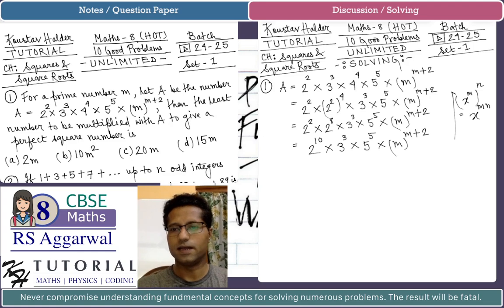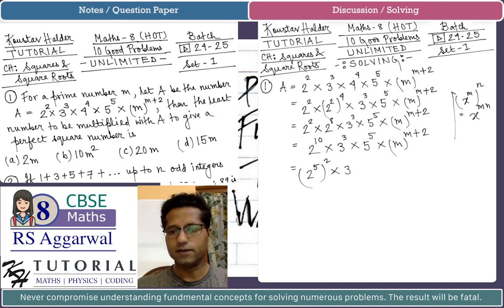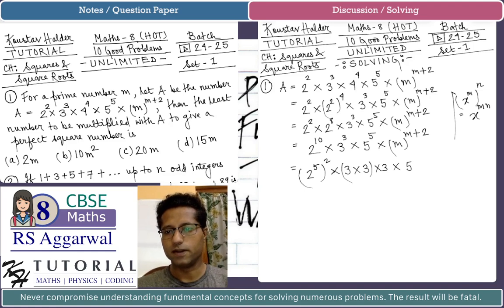Now this is equal to 2 to the power 10, which we can write as 2 to the power 5 whole square, and 3 cube, which we can write as 3 into 3 multiplied by 3, and 5 to the power 5 we can write as 5 to the power 4 multiplied by 5, and we have m to the power m plus 2.